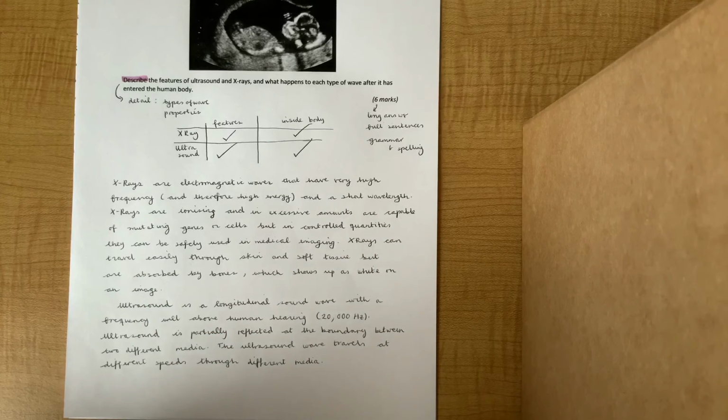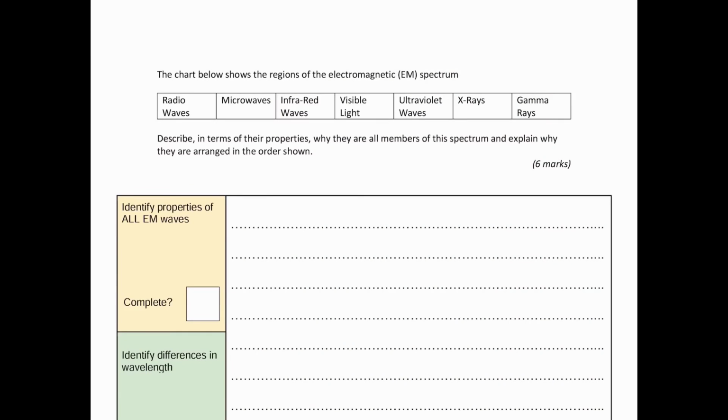Now we're going to have a look at your actual exam question. This is the one that you need to answer and email back to your classroom teachers by July 1st. So, the exam question that you have to focus on now at home and complete for your classroom teachers is the following. It says that the chart below shows the regions of the electromagnetic or EM spectrum.